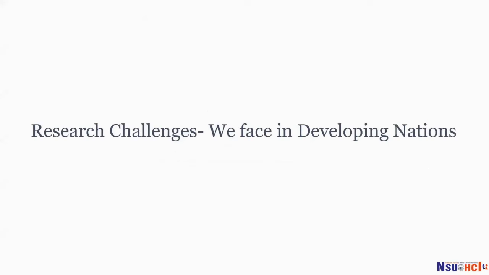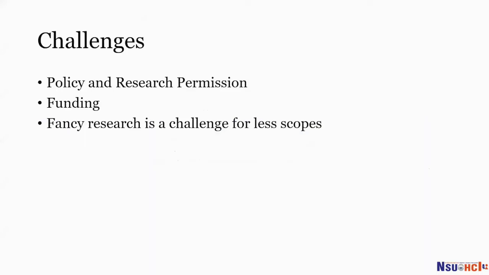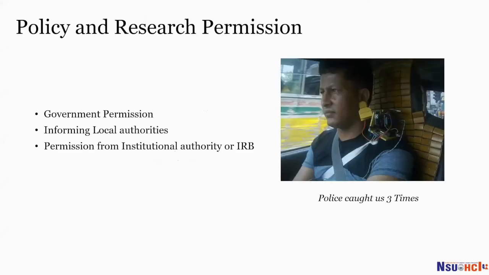As a developing nation, there are a few challenges like policy and research permission, and funding is a challenge here. So let's see. I put this picture only because when we did an experiment on the road, police caught us 3 times. That was actually not the issue.